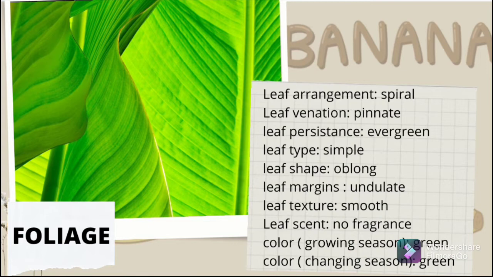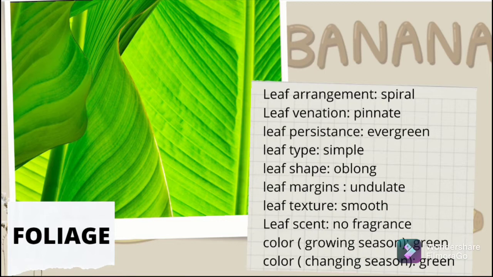And next is leaf persistence, or having a foliage that persists and remains green throughout the year, and banana is evergreen. And next is leaf type, simple, and leaf shape is oblong. And next are its leaf margins.